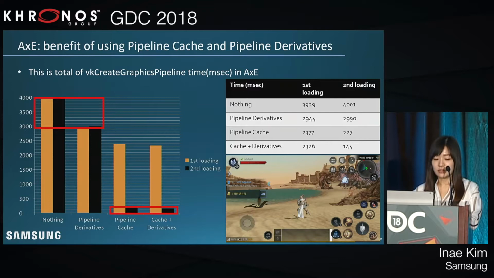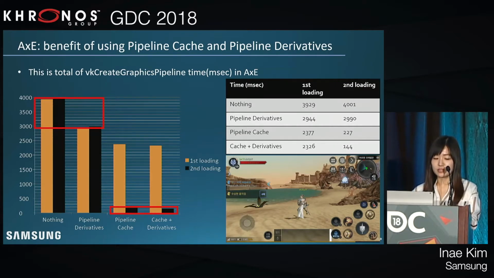As you can also see, in the second red box at the lower side, using pipeline derivatives with pipeline cache has a little difference from using only the pipeline cache after the second loading time. In this case, using the pipeline cache after the second load makes a difference between the pipeline cache alone and with derivatives.